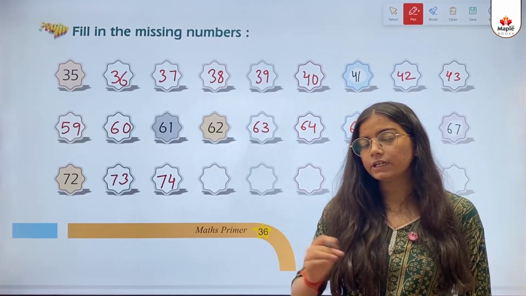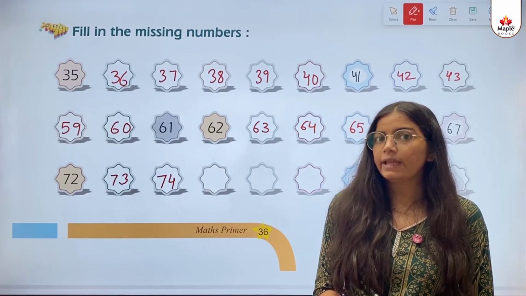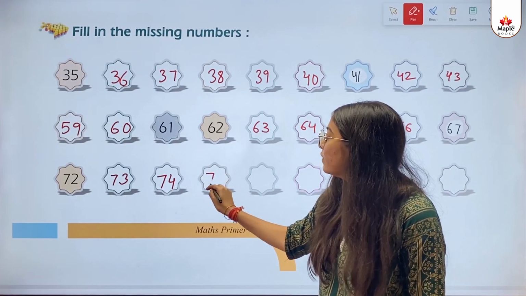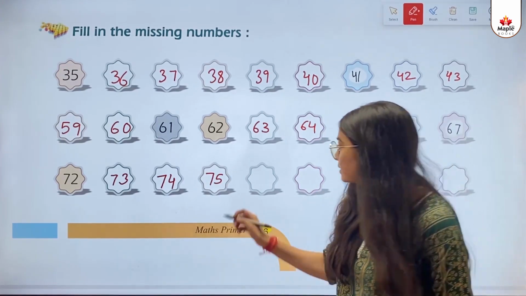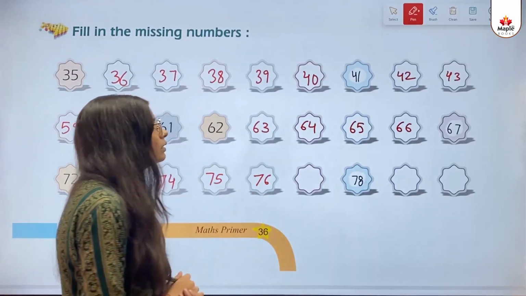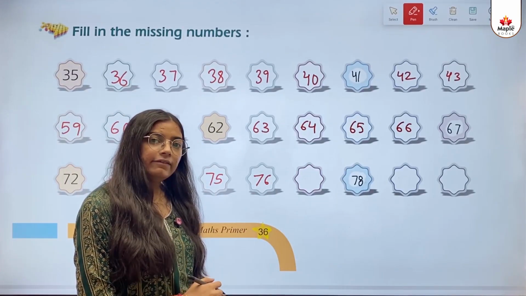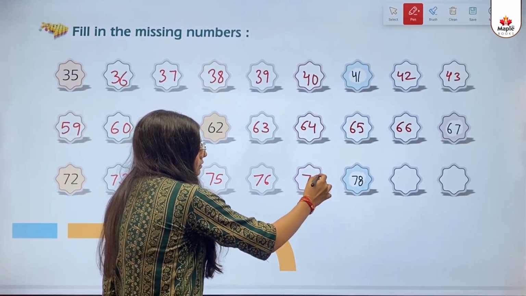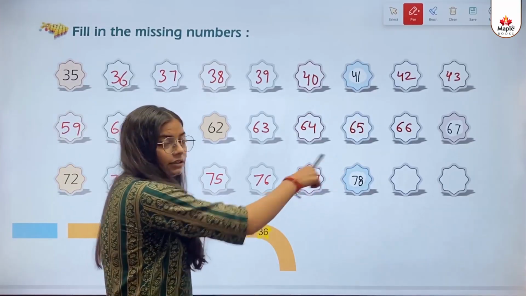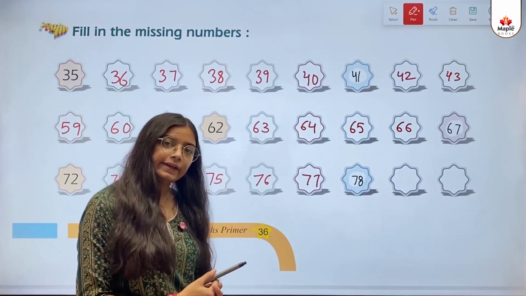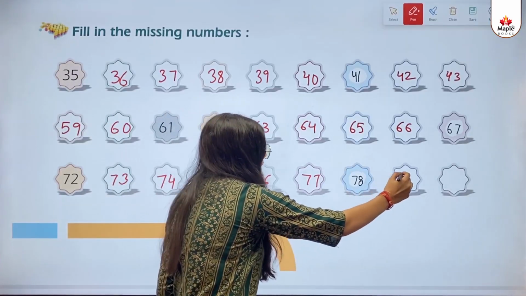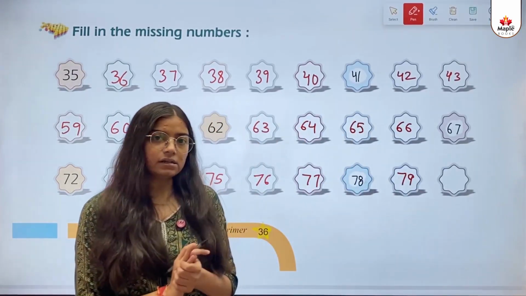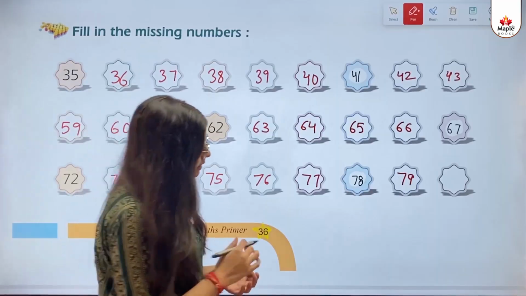Then what comes after 74? 75. 76. Then 77. Then there is written already 78. Then 79. Then 80.